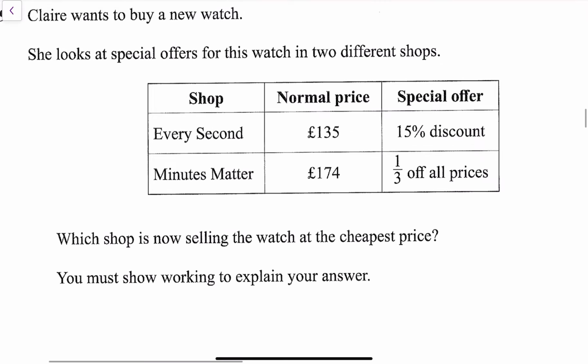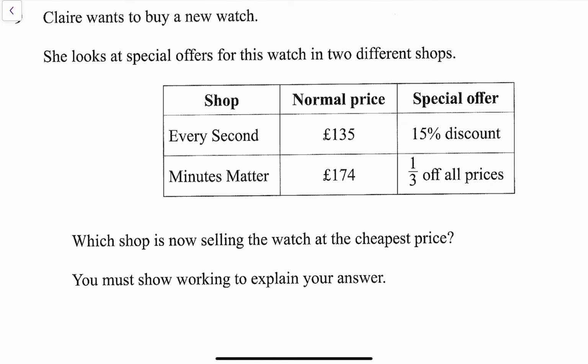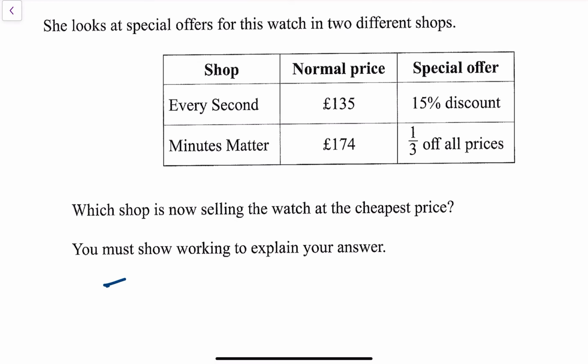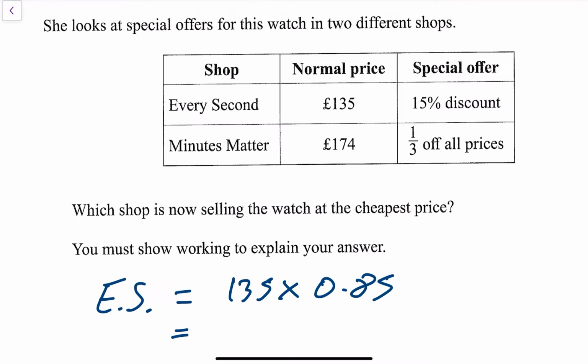Claire wants to buy a new watch. She looks at the special offers for this watch in 2 different shops. In Every Second, the normal price is 135 with a 15% discount, and in Minutes Matter it is 174 with 1/3 off. So for Every Second, 15% discount means it goes down to 85%. 135 times 0.85 works out to be £114.75.